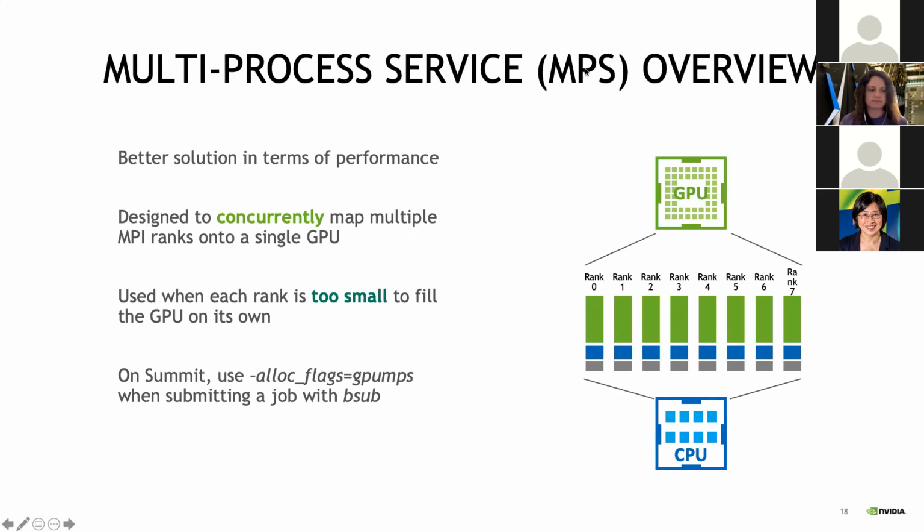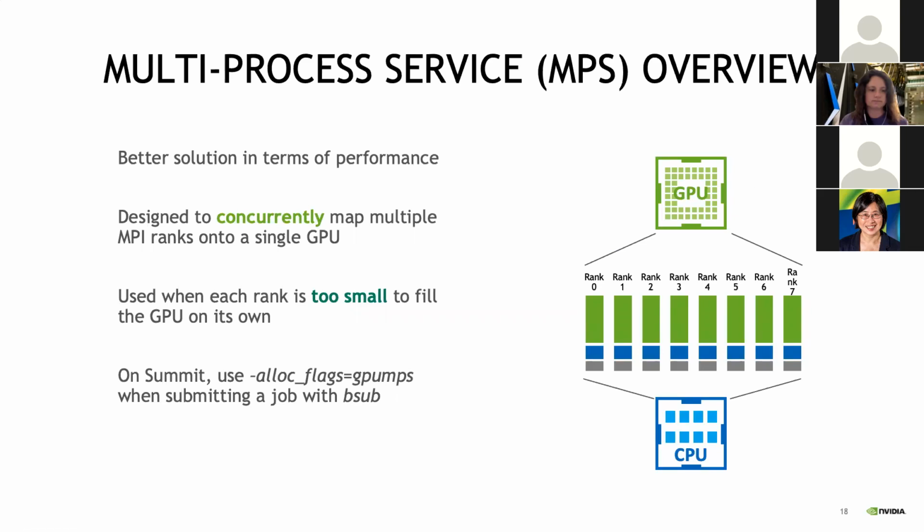I just wanted to give a little teaser for what we're going to talk about next time. Our next module will be presented by Max Katz, and it's going to involve the CUDA multiprocessing service, which is a better solution in terms of performance. It's designed to concurrently map multiple MPI ranks onto a single GPU.